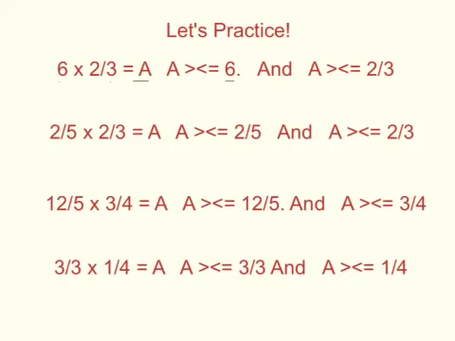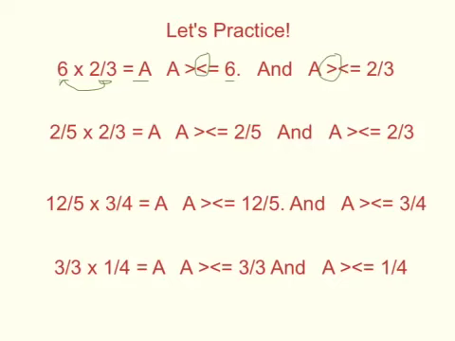I know this means that there are 6 of these, so my answer has to be greater than, so I'm going to circle greater than 2/3. And at the same time, this means I'm taking just a part of 6. So my answer will also have to be less than 6.